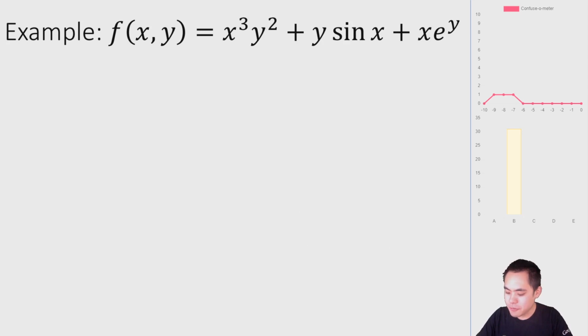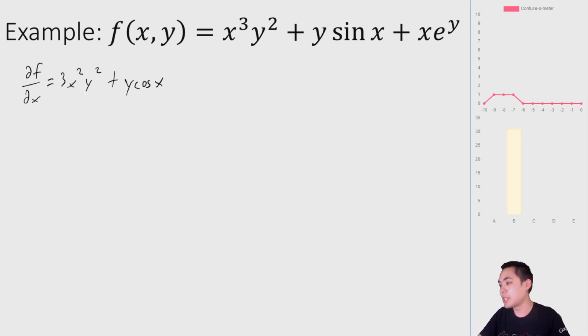So we have f of x, y is equal to some complicated function that I wrote out. So if you want del f by del x, that's equal to, well, x cubed y squared, when you take the derivative with respect to x, that's going to be 3x squared y squared. y sine x is going to be plus y cosine x, because the derivative of sine is cosine, plus e to the y.